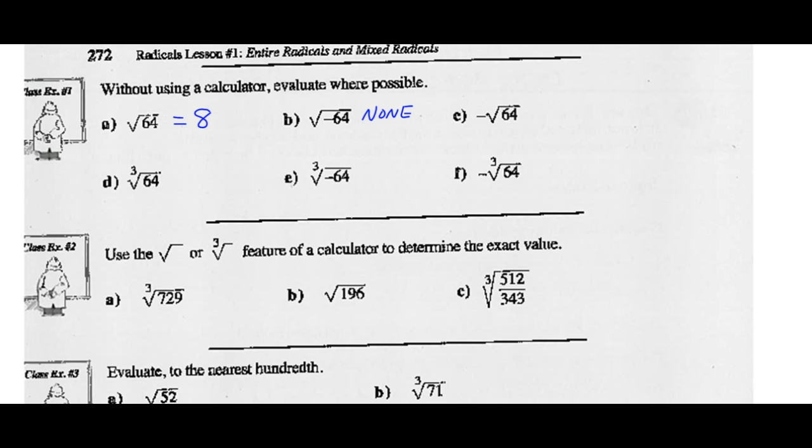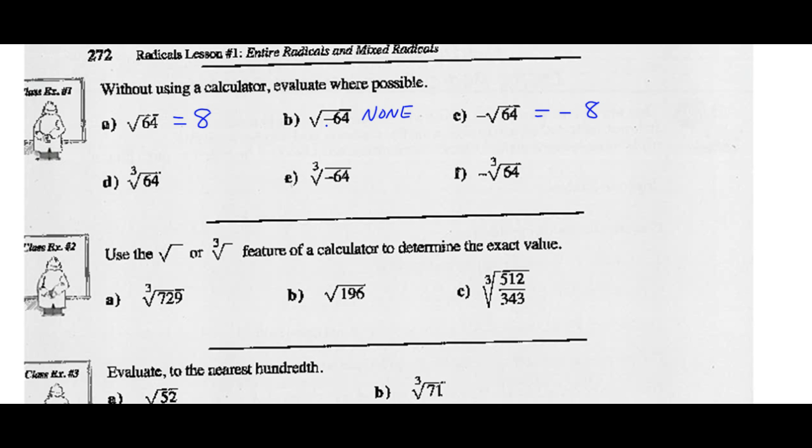You can't take the square root of a negative number, right? 8 times 8 would give us 64. Negative 8 times negative 8 would give us positive 64. So no number multiplied by itself will ever give us a negative. The negative square root of 64 would be the negative of 8. Cube root of 64, you guys know what that is?